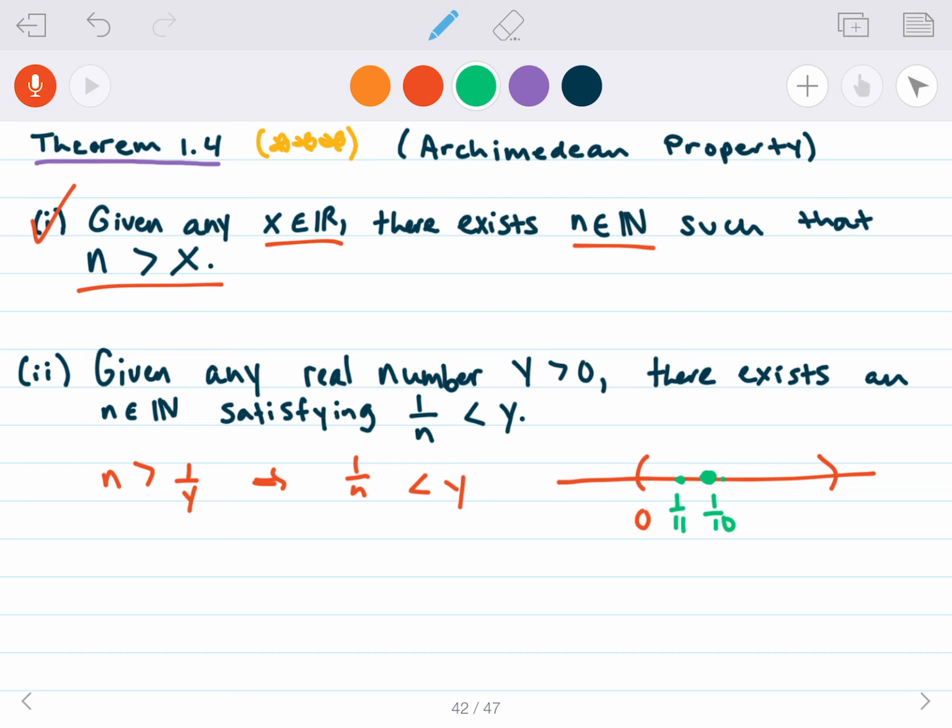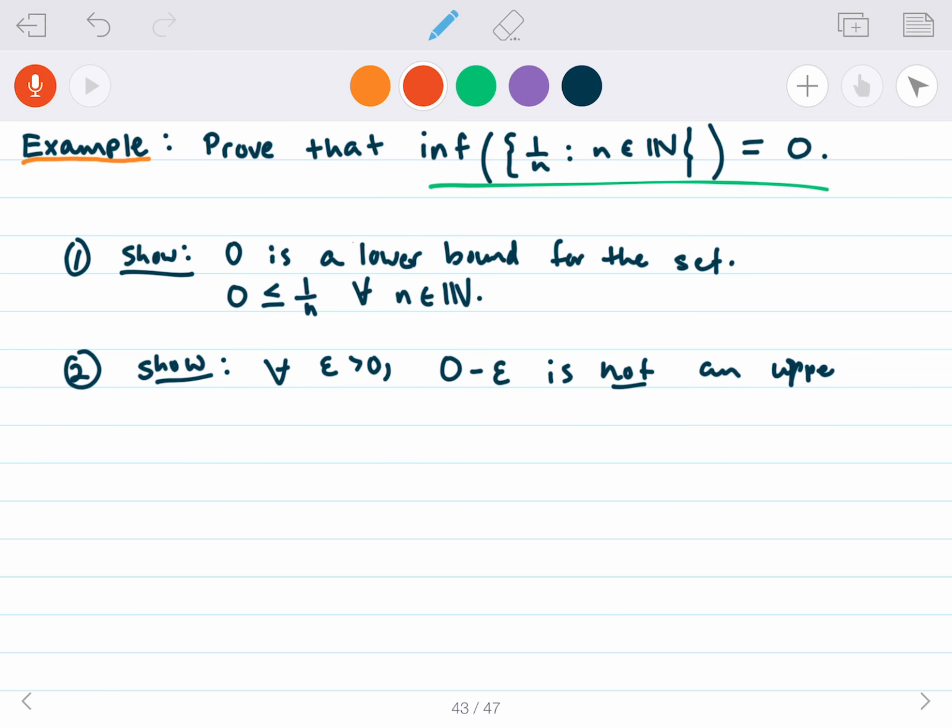That's less than a 10th. What about 1 over 12? And so forth. You can keep playing this game. So that's the idea. If you're given a positive real number, you can always find a positive number smaller than it. So we're going to use these in some of our proofs. So let's get going with this one.